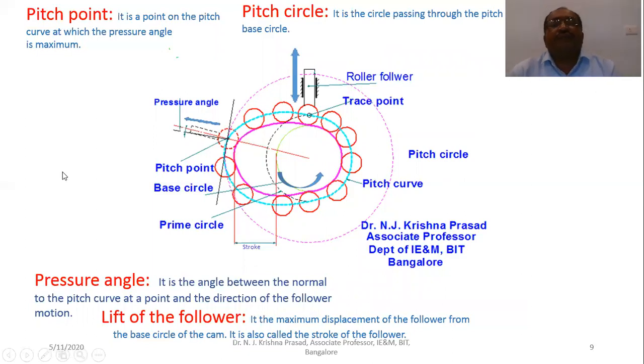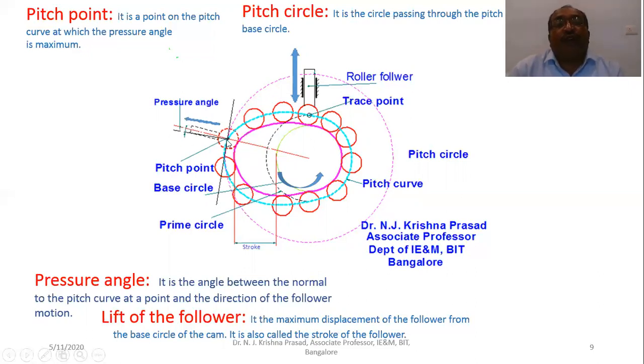And after this, some point is mentioned, that is called the pitch point, where the pressure angle is the maximum. Pressure angle is the angle between the normal to the pitch curve at the pitch point and the direction of motion of the follower.